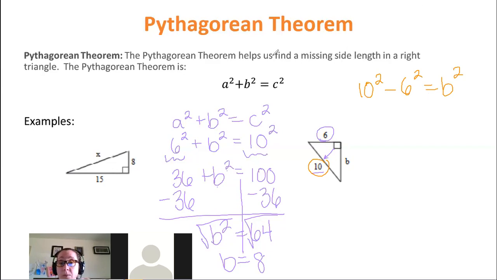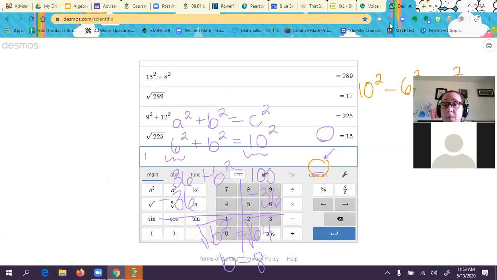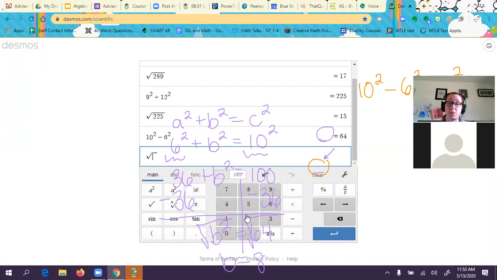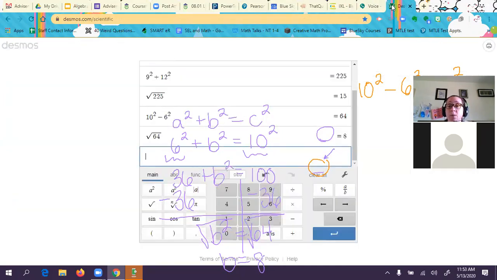And then in Desmos, all you have to type in is 10 squared minus 6 squared. 10 squared minus 6 squared gives you 64, and then you take the square root of that 64, which is 8. So that's the other way to do it.